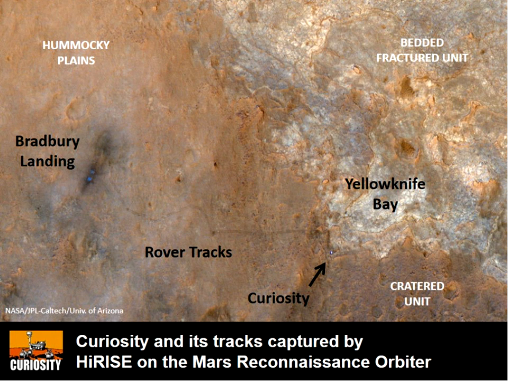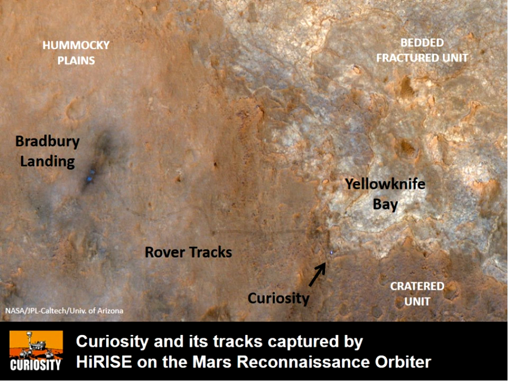So we landed only 500 meters away from the edge of this ancient water deposit. And so we had to go check it out. We actually spent a year there before we drove towards the mountain, which is our primary goal for the mission. So it was very opportunistic for us to land so close to the edge of that fan.